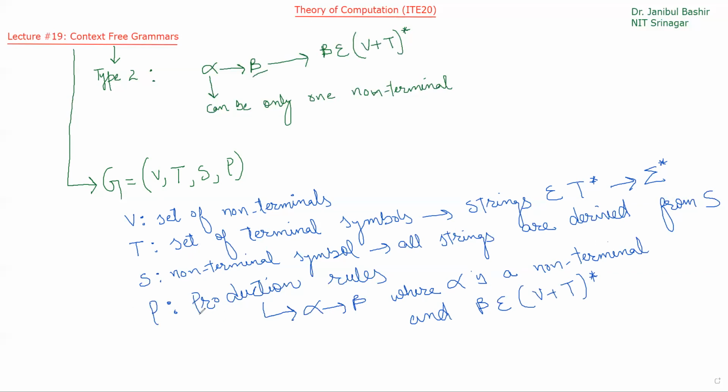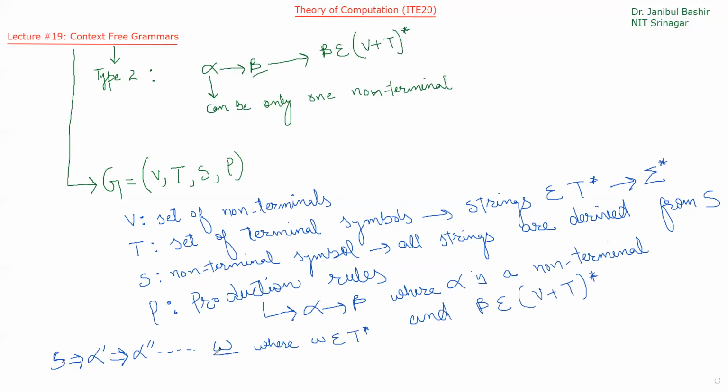Using the production rules, we can derive strings from the grammar. Suppose we have to derive a string, then we will write S, the start symbol. Then we use a production rule to derive something, let's suppose alpha dash. We use another production rule of our choice to derive alpha double dash, and so on. Finally, we derive W, where W belongs to T star.